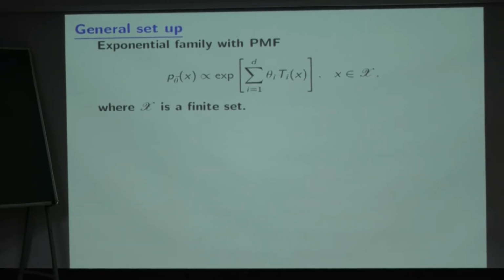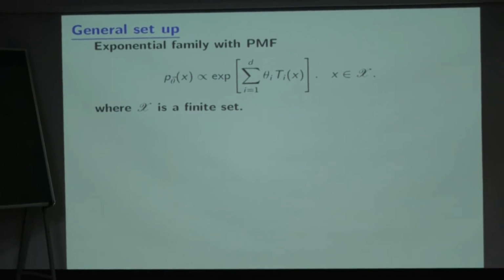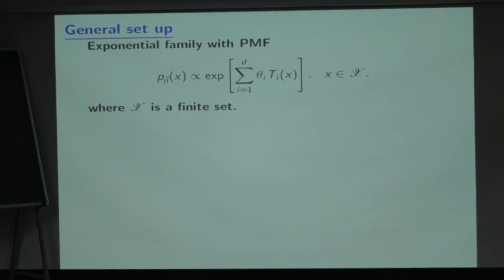I just gave this as one example in terms of a contingency table and just checking for lack of association. So here is the general setup. You start with any exponential family with this PMF. It looks complicated. I'm just trying to impress upon you that it can be worked with in a more complicated situation. So script X is a finite set.